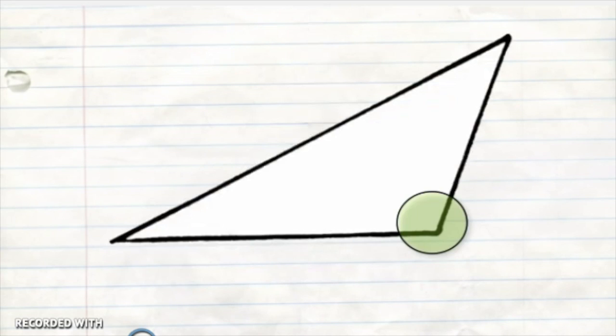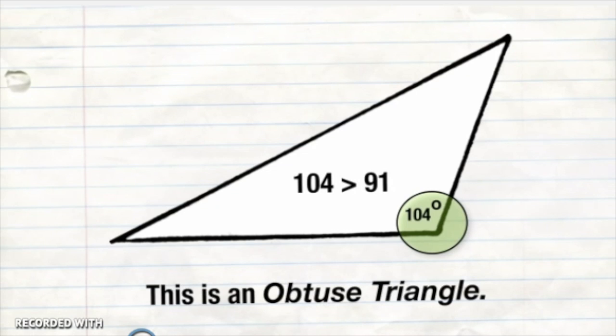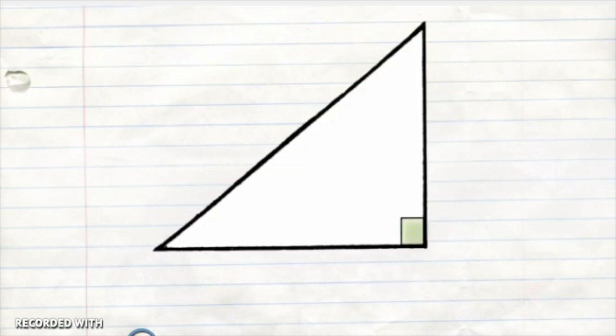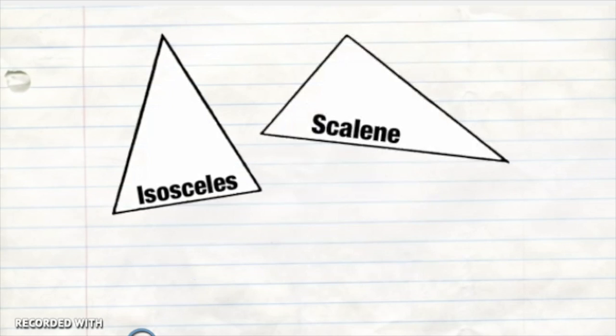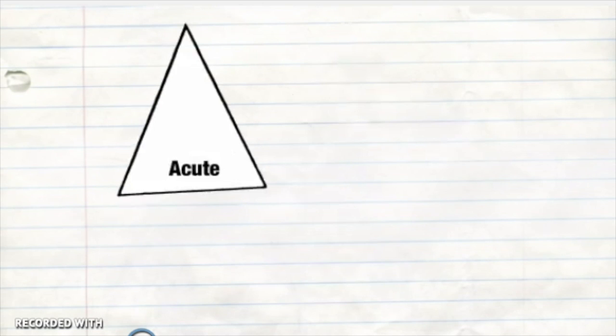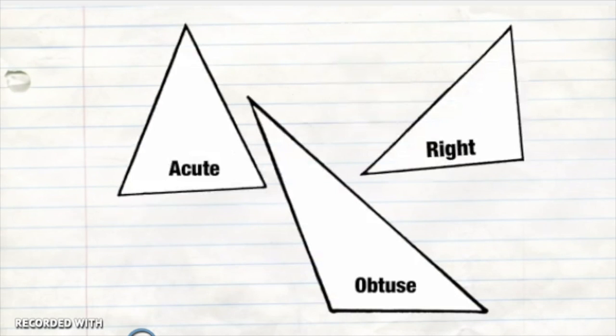If just one is 91 or greater, it's obtuse. If it's 90, it's right, you choose.